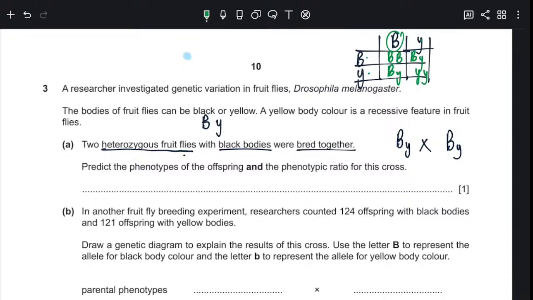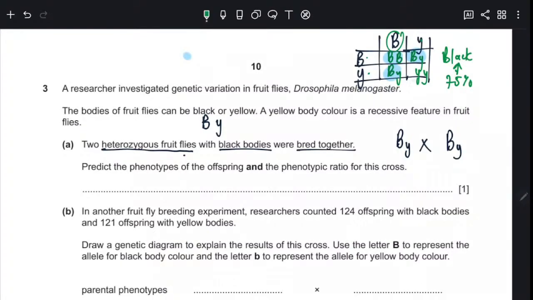Can I ask you, in these three here that I've shaded blue, what do you see? This is a black one, right? It will be black because black is the dominant, and whenever a dominant allele is there, it's seen. So you can see that we have 75%, or 3 out of 4, being black.